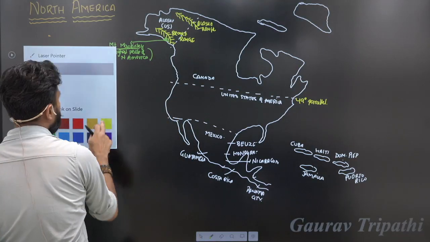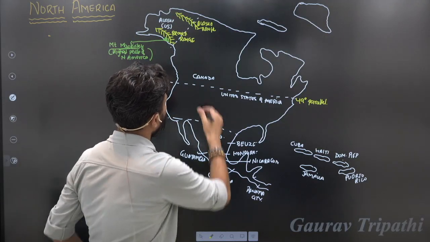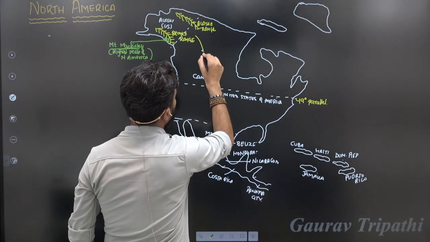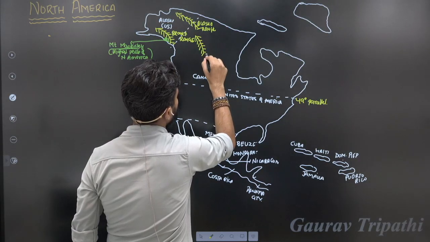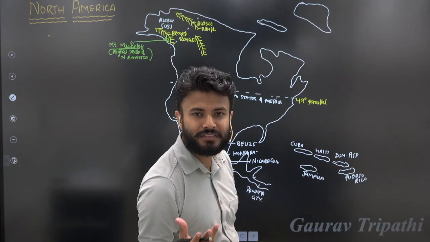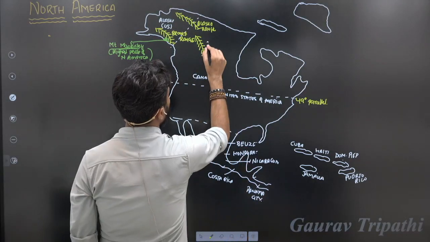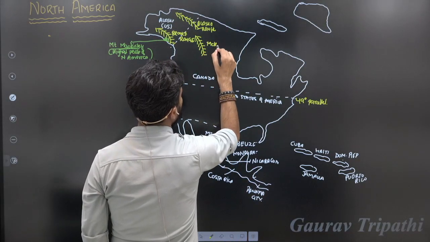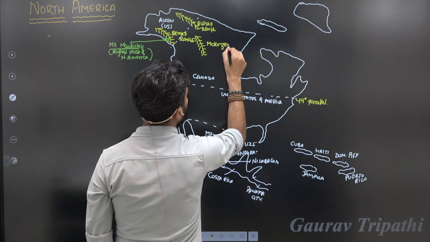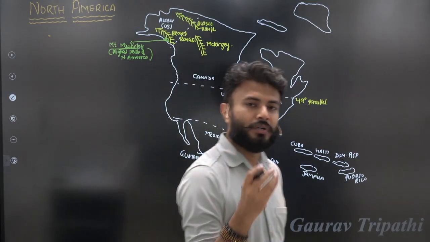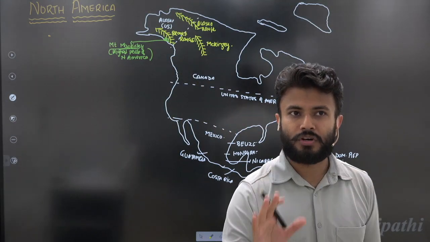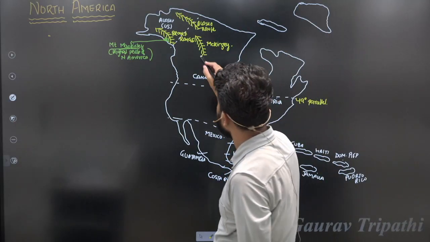Next, we will move from north towards south. Here we have another important mountain range, and this mountain range is named as Mackenzie. So these are basically the Mackenzie Mountains. Fine. But the most important mountain range of North America is here.